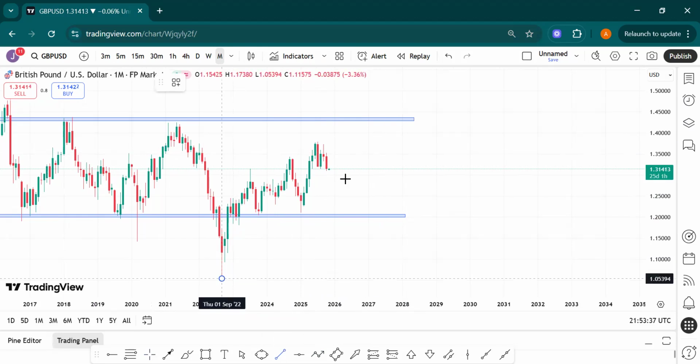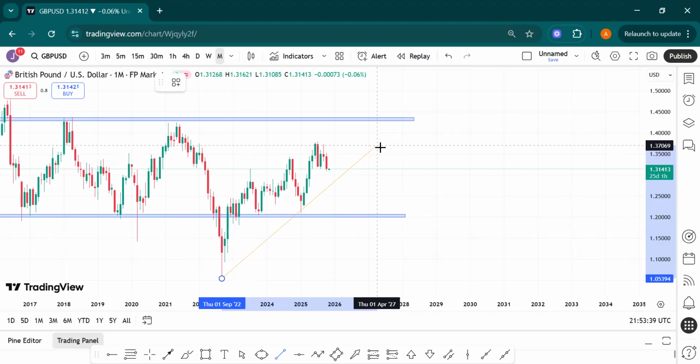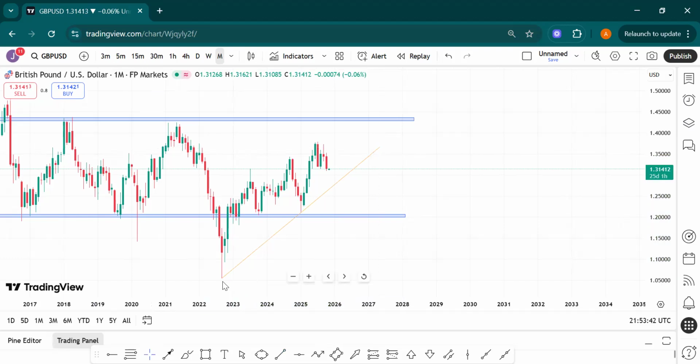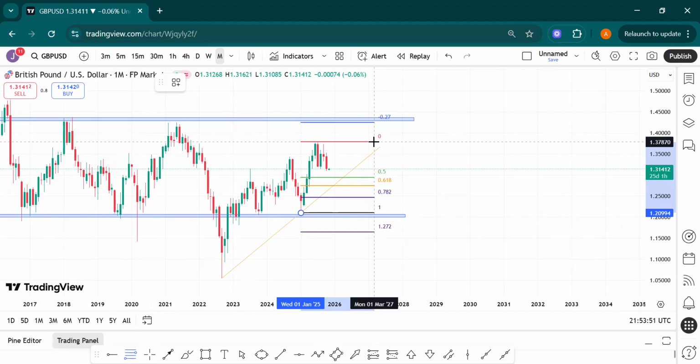If I place a bullish trend line here, of course, we can see that there's the first touch of the trend line, the second touch of the trend line. Then I can simply put my Fibonacci retracement from this swing low to this swing high where price has started retracing from.